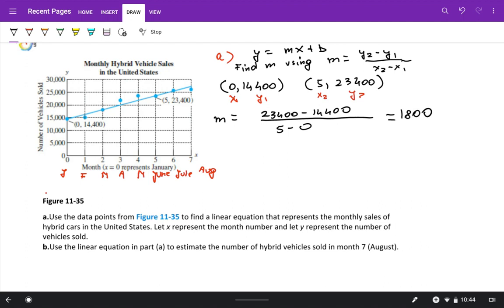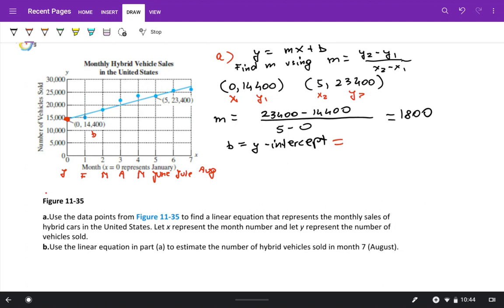So we have 1800. Now you need to find b, which is the y-intercept. Actually, the y-intercept in this problem is given, because that's the point right here on the y-axis: (0, 14,400). So this is your b.